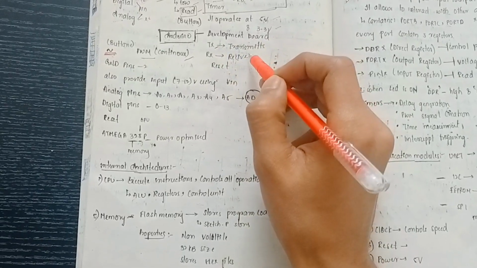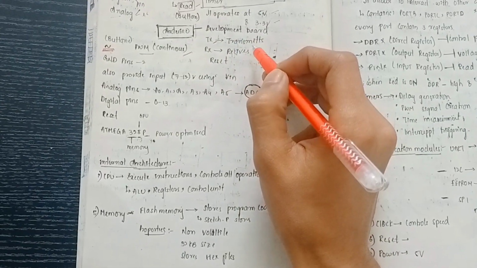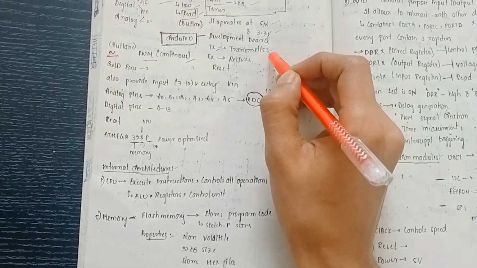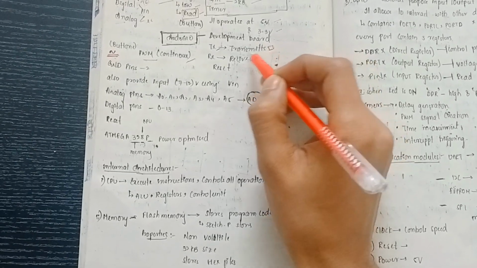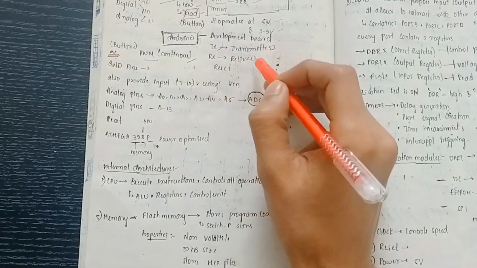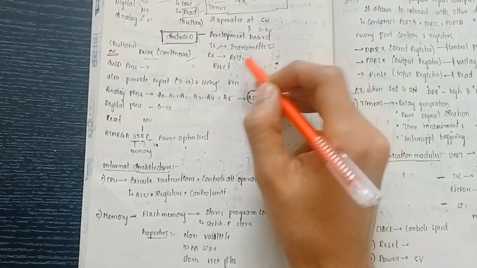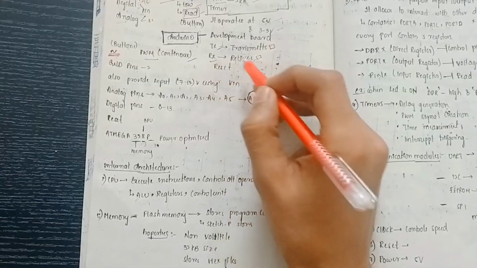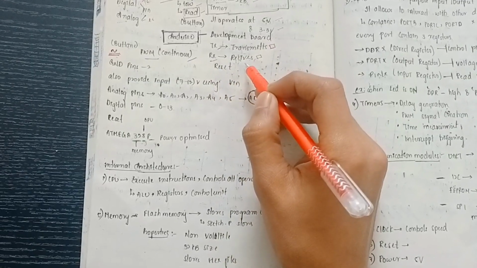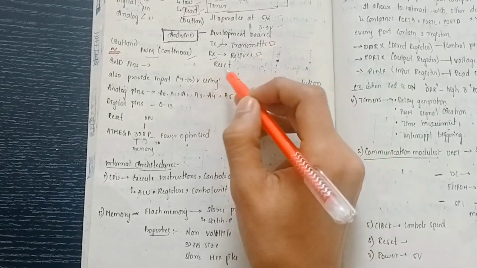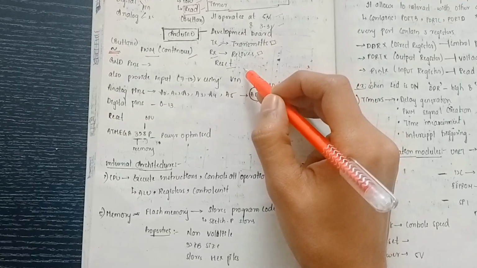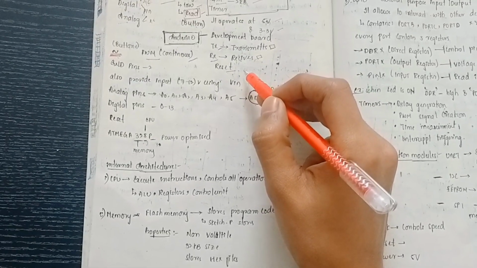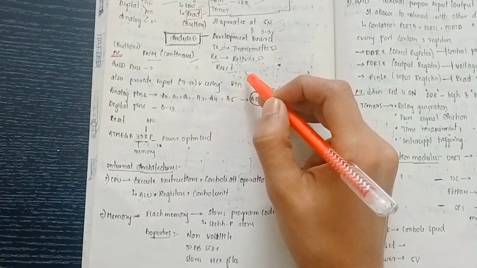TX indicates when the Arduino transmits data; there is an LED which blinks that tells the data is being transmitted, and when the LED is on at RX, it indicates it is receiving data. And there is a reset button so that we can overcome any error during the implementation of Arduino.